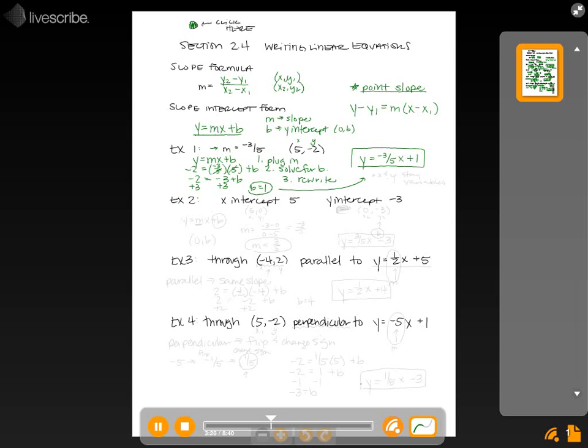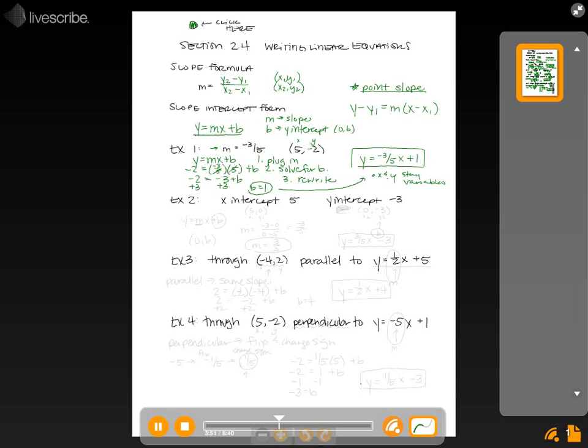Then there's our answer: y equals negative 3/5 x plus 1. Now remember, in your final answer, x and y stay variables. We do have values from the point, but that's one point on the line, and we want to make a generic equation for the line so that any point from the line will work in that equation, so we leave x and y as variables.